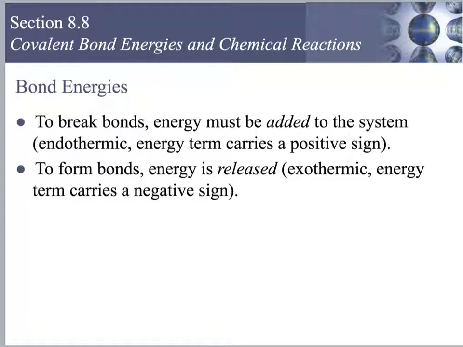And when we form bonds, that is an exothermic process. So although there are two steps to the process, the overall reaction, when you add those two steps together, can either be endothermic or exothermic, depending on whether you add more energy or more energy is released. So we talked about that previously.